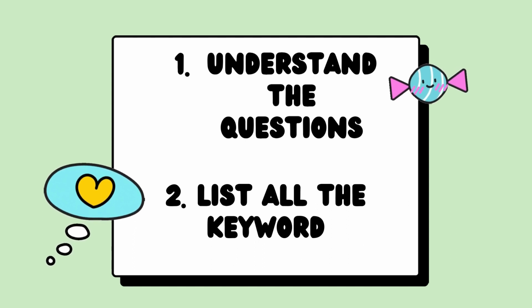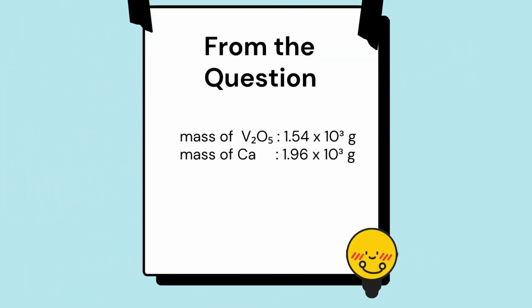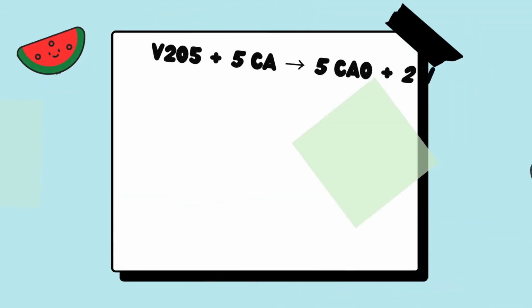The next step is to list all the keywords given. From the question, we notice that the mass of vanadium oxide is 1.54 × 10^3 gram, while the mass of calcium is 1.96 × 10^3 gram. So these are the keywords given.